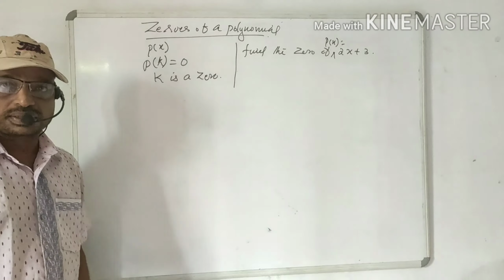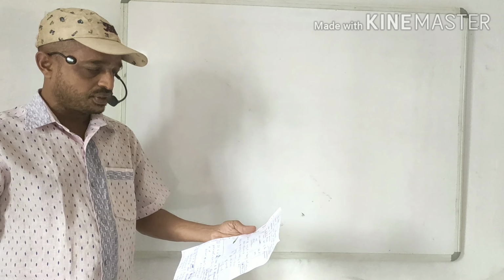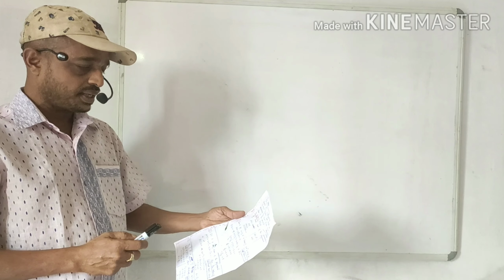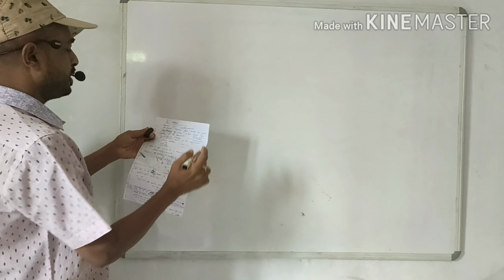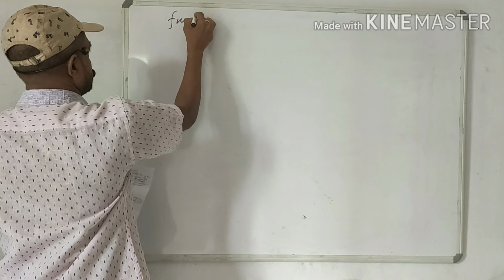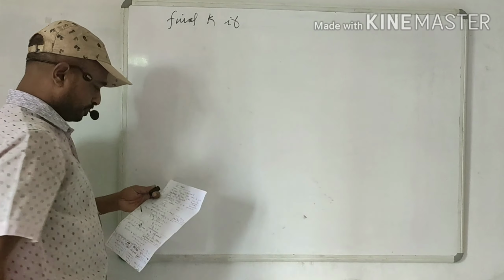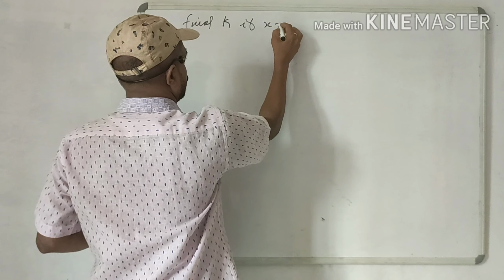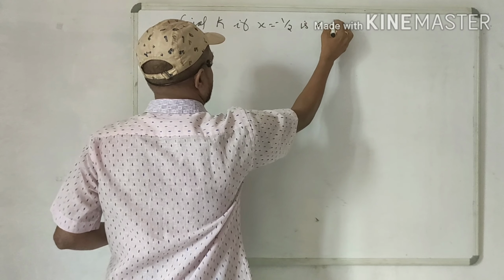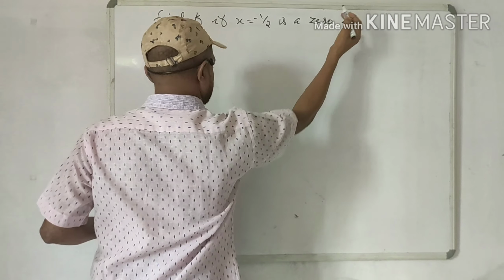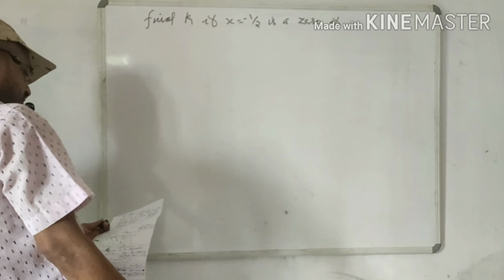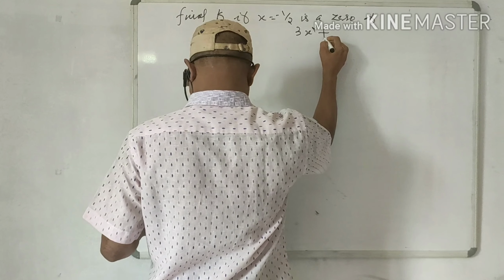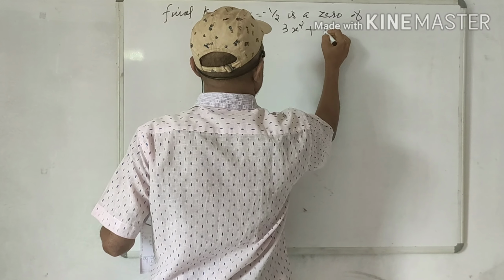Find k if x equal to minus 1 by 2 is a zero of 3x square plus 2kx minus 3.